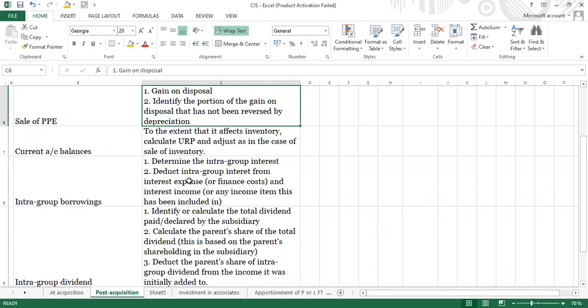But when the parent buys the subsidiary, it's now the parent that is running the subsidiary. It's very important to understand this. At the acquisition date, it is the parent dealing with former owners of the subsidiary. But during the post-acquisition period, it's the parent dealing with the subsidiary, an intra-group transaction.